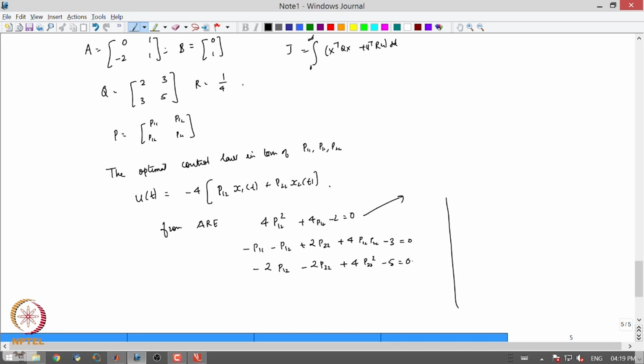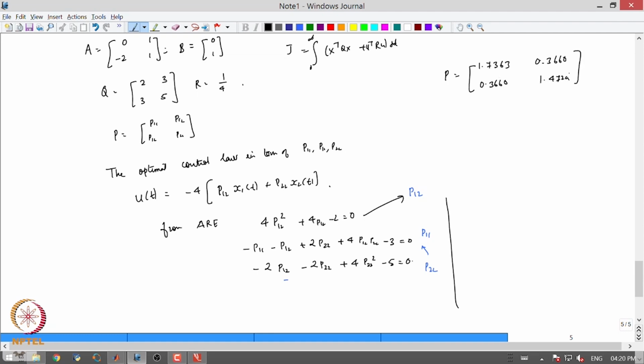Solving these equations will give me P12. I can use that P12 to get P22 and then substitute to get whatever is remaining, that is P11. This is a very standard process. So, the P that we get will look like this: 1.7363, 0.3660, 0.3660, 1.4729.